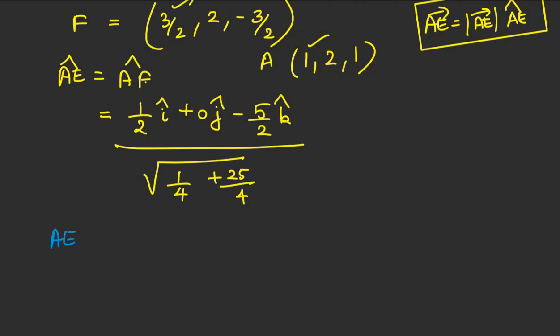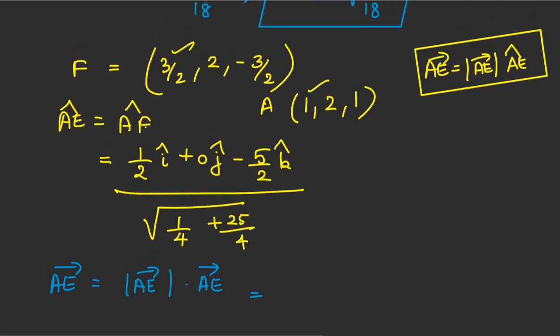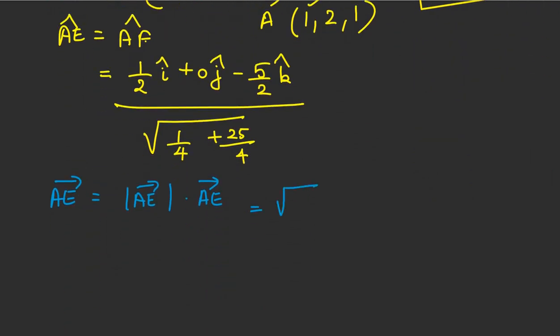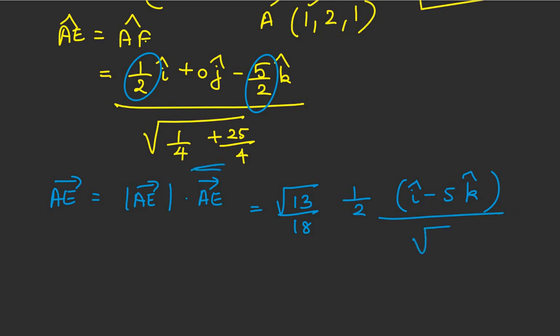Now I want the AE vector, so AE vector is equal to mod of AE times the unit vector. The modulus of AE is root of 13 by 18, so that is root of 13 by 18 into i cap. 1 by 2 is common to both terms, so let me take it outside. That gives 1 by 2 into i cap minus 5 k cap, divided by root of 26 divided by 2.